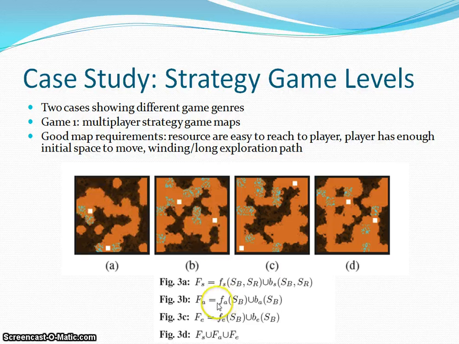The second one uses FA, meaning it has enough space to move initially, but we can see the resources are everywhere and the path is simple. The third one uses the exploration, and we can see that the two points are far away and the path could be windy, but the resources are everywhere. The last one uses everything, and it's just perfect.